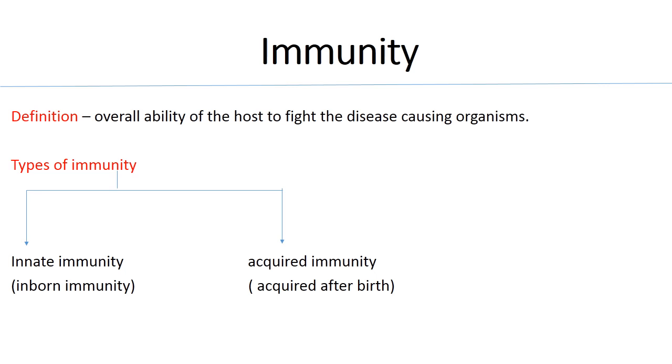This is not present in the individual from birth. It is acquired after birth. So there are two types of immunity, innate and acquired immunity. We will discuss acquired immunity later. Now let us study innate immunity in detail.